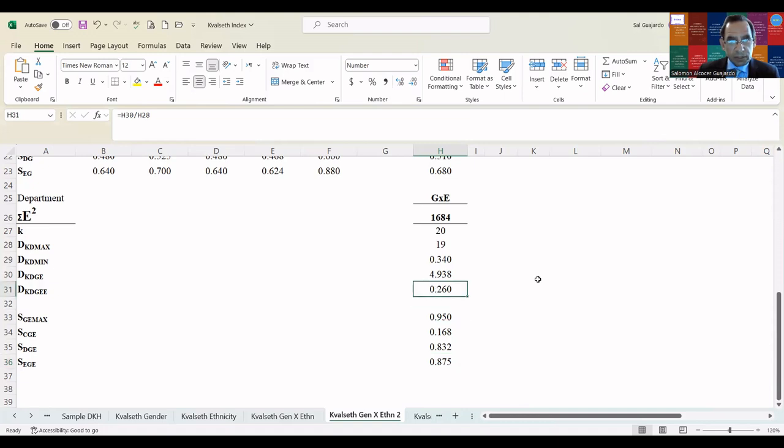Again, briefly, the Kvalseth standardized score of 0.260 indicates that 26% of the maximum value of 19 was obtained with respect to gender by ethnicity. By contrast, the Simpson index generated a standardized score of 0.875, indicating that 87% or 88% of the maximum value of 0.950 was obtained.